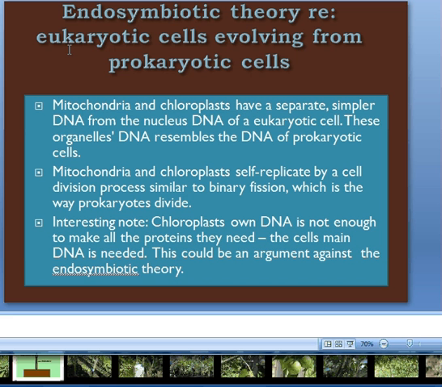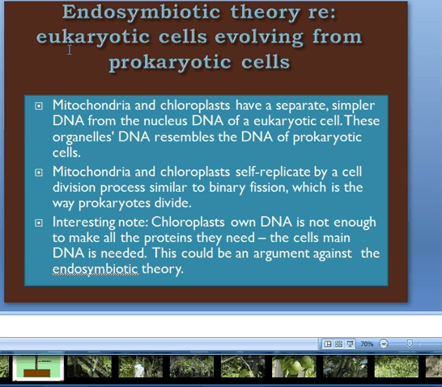They still need to have the cells, a eukaryotic cell's DNA for them to reproduce. So for some, the endosymbiotic theory is kind of some evidence they feel to show that eukaryotic cells evolved from prokaryotic cells.